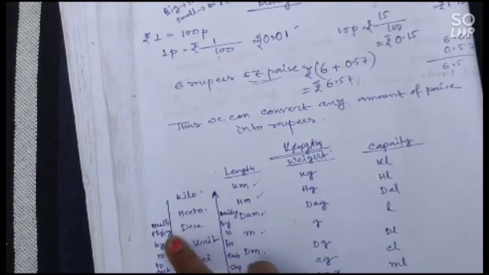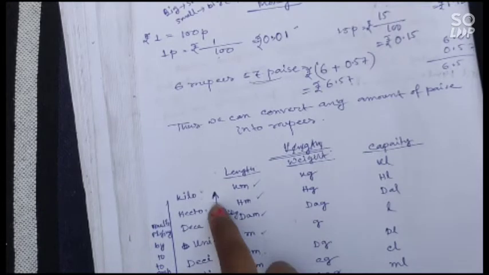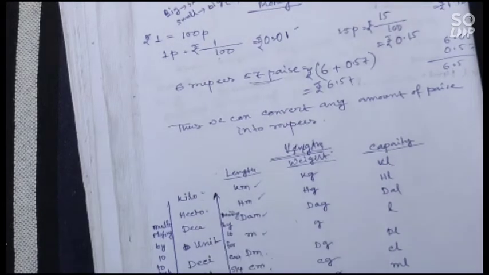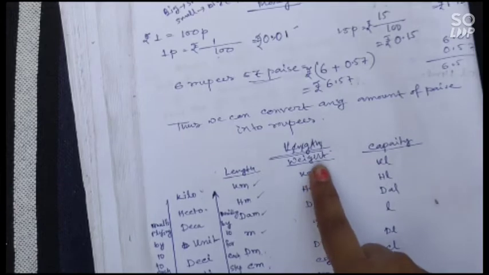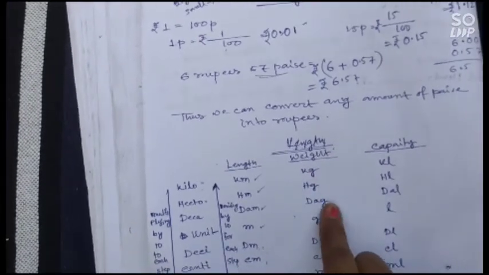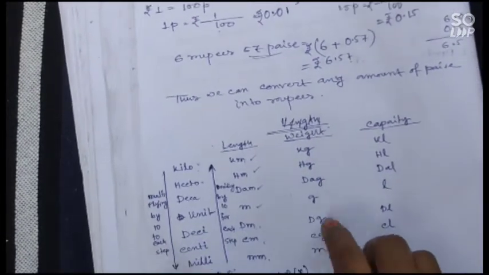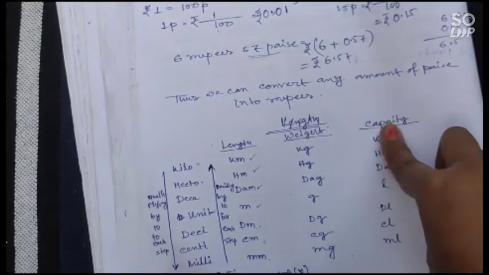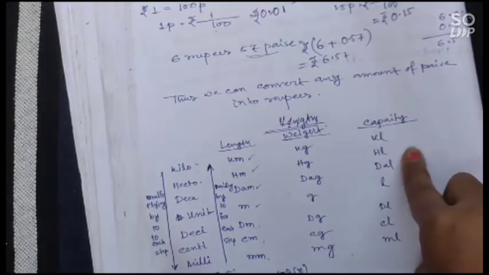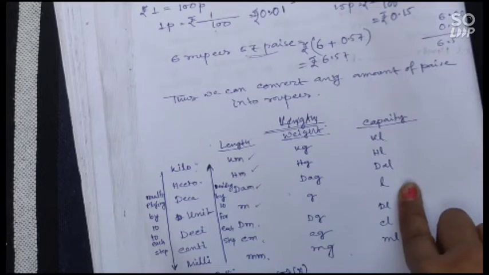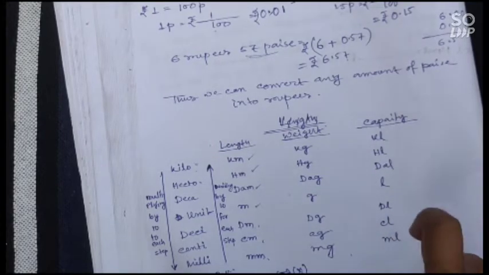If you memorize this, then you can identify any unit of length, weight or capacity. The units of weight are kilogram, hectogram, decagram, gram, decigram, centigram, milligram. Capacity: kiloliter, hectoliter, decaliter, liter, deciliter, centiliter, milliliter.